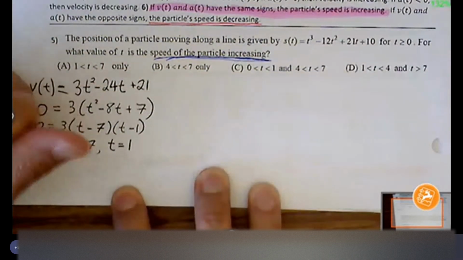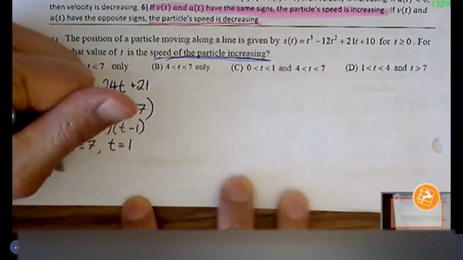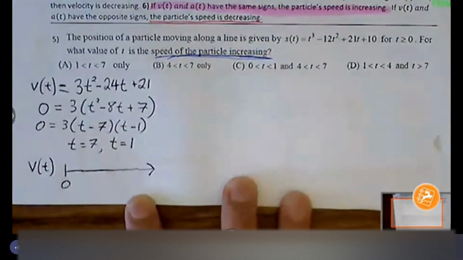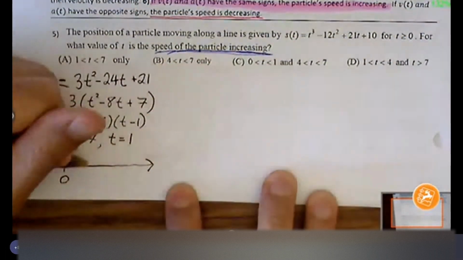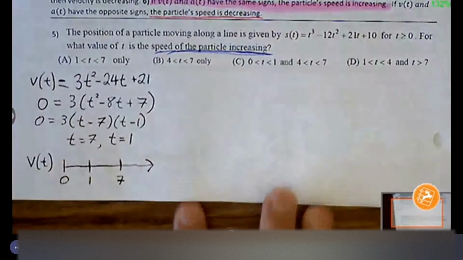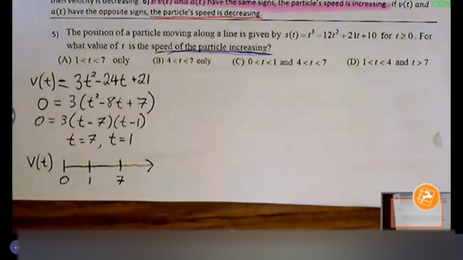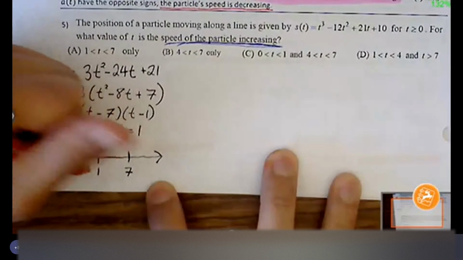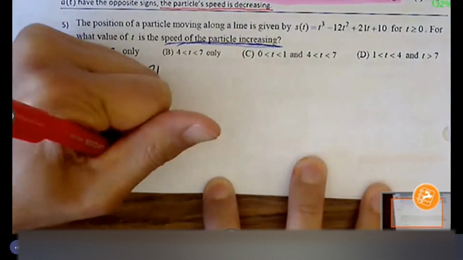Here's our velocity sign line. We know that 0 is a starting point, so I'm going to have 0 as the first value, followed by 1, and followed by 7. Okay, test points in each interval here, so 1/2, 2, and 8.